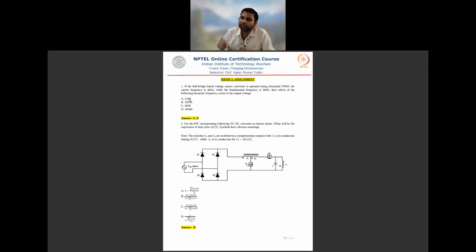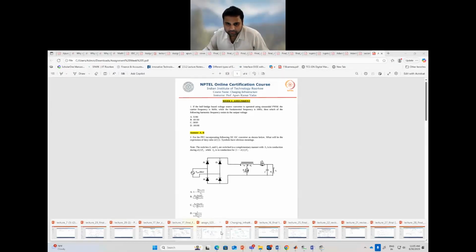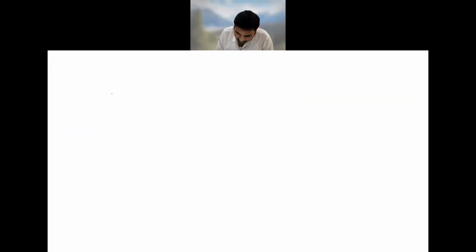Then you have to keep j as odd. So it will be 10,000 plus odd, which will be 50 hertz, and so you have the harmonics at 5000 plus j, which will be even.